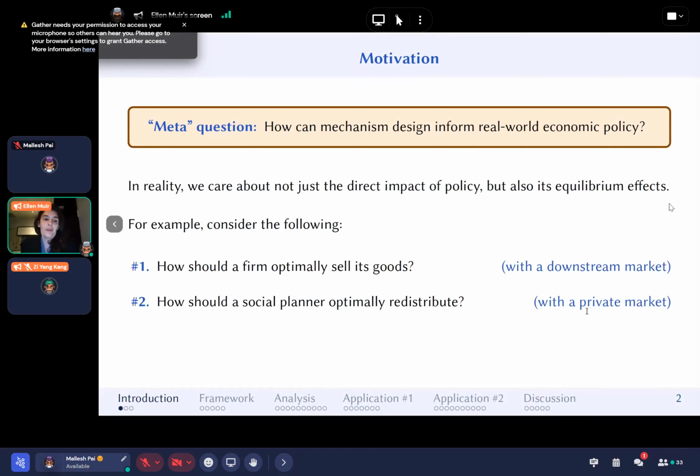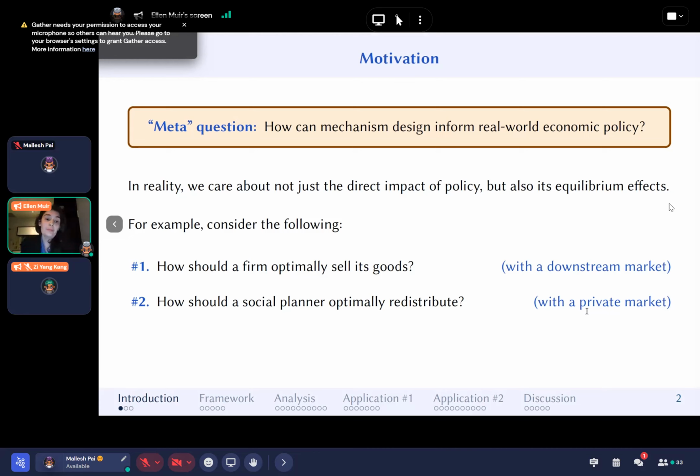To be more concrete, we can think about two examples. The first example is, how should a firm optimally sell its goods? We're imagining there's potentially a downstream or resale market. In this case, we could think of a seller as our mechanism designer, and they have direct control over the primary market, but they don't necessarily have control over the downstream market or the design of resale markets.